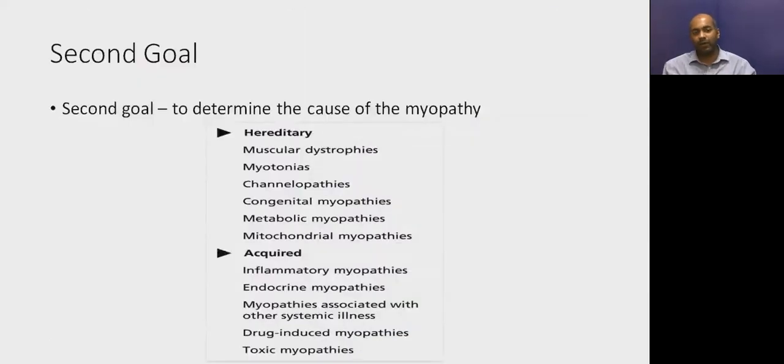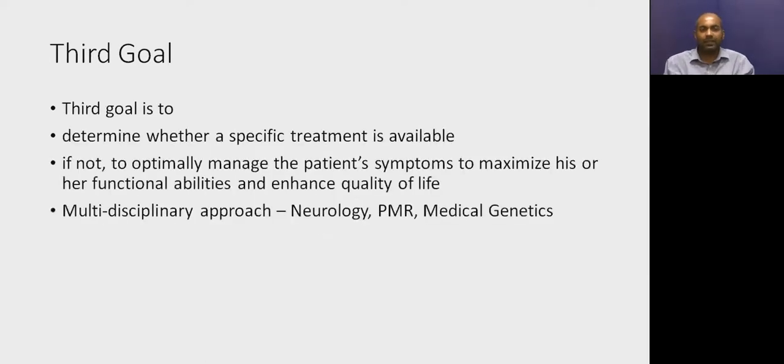The second goal is to determine the cause of the myopathy. Causes can be various hereditary disorders like muscular dystrophies, myotonias, or an acquired myopathy like inflammatory or toxic myopathies, etc. The final, third goal is to determine whether a specific treatment is available. Apart from inflammatory myopathies, most will not have a specific treatment.